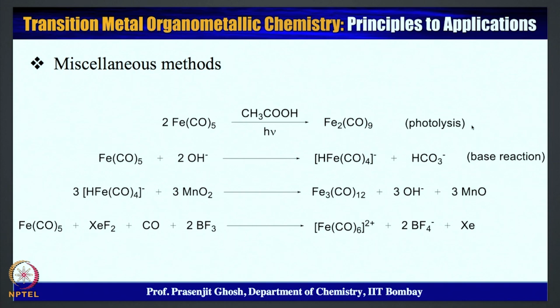So, what is learned from here is that there are other methods apart from going by the conventional way of getting the carbonyl in the low valent oxidation state by a reducing agent or by the direct reaction of the metal. There are other methods whereby you can take a metal carbonyl and generate other transition metal carbonyl complexes by this method discussed here.